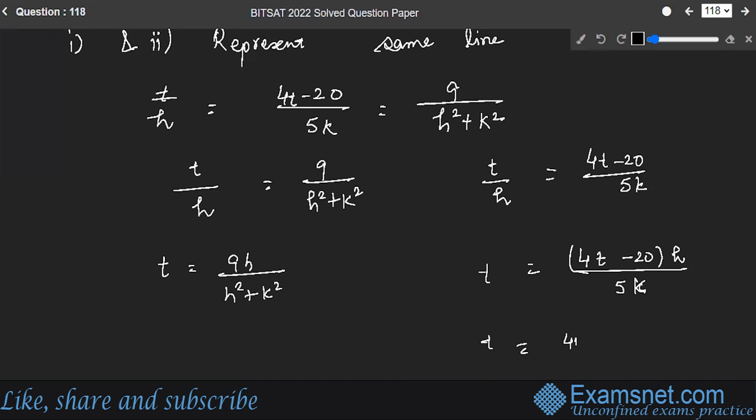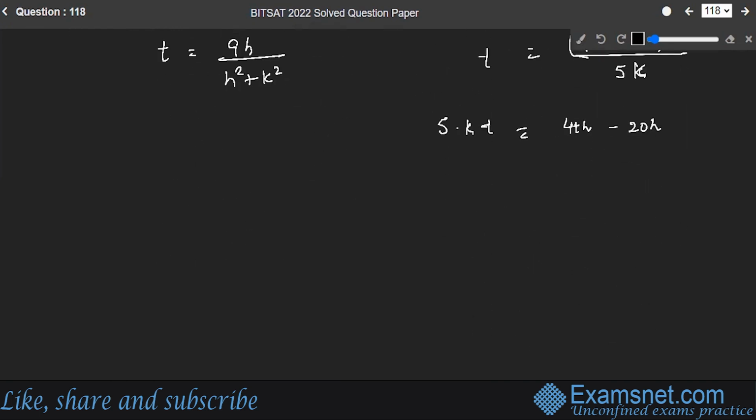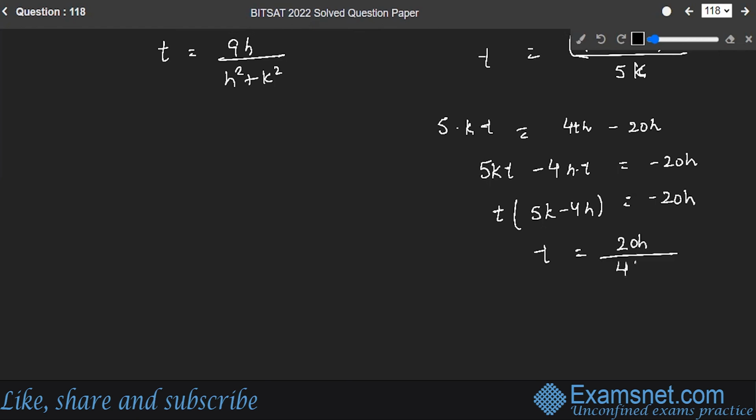This will be 4th minus 20h is equal to 5kt, or 5kt minus 4ht is equal to minus 20h. Taking t common, (5k minus 4h) t is equal to minus 20h, or t is equal to 20h upon (4h minus 5k).